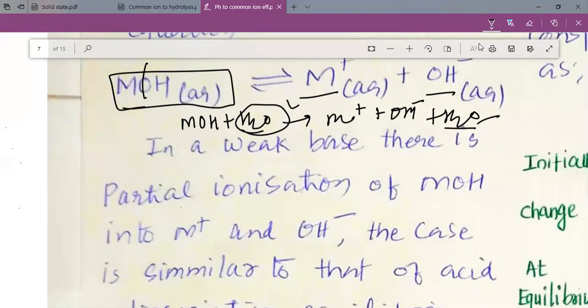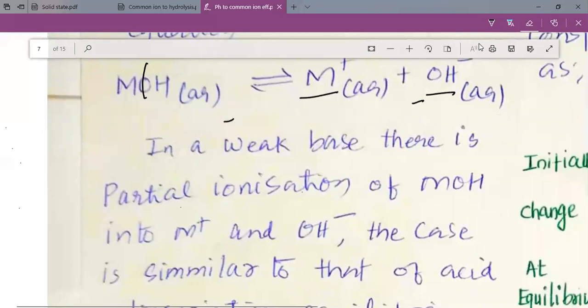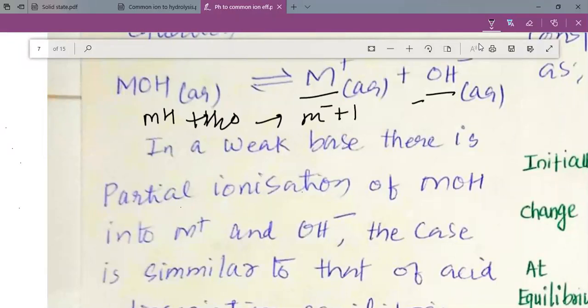So this is how, my dear students, we can understand that. You can even understand why, when it comes to an acid, suppose we have an acid MH, we would write water so that we can write it as M minus and H3O plus.